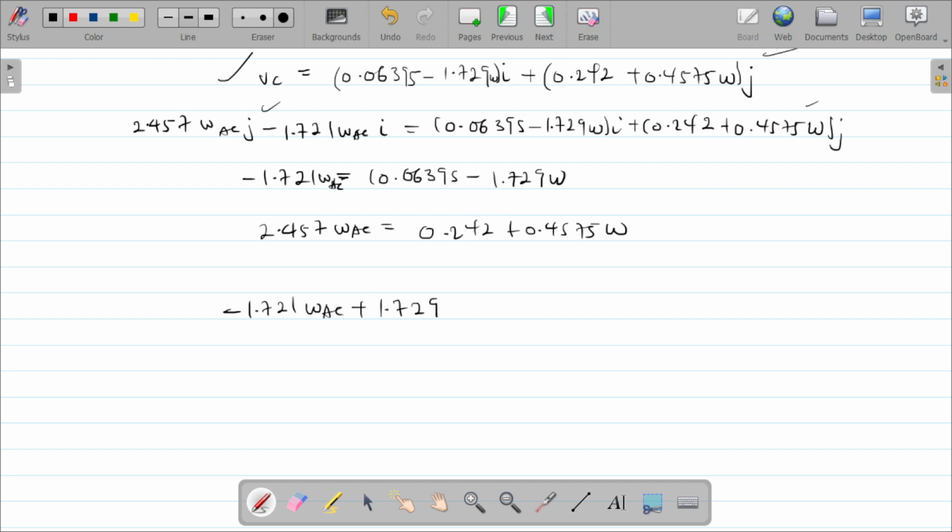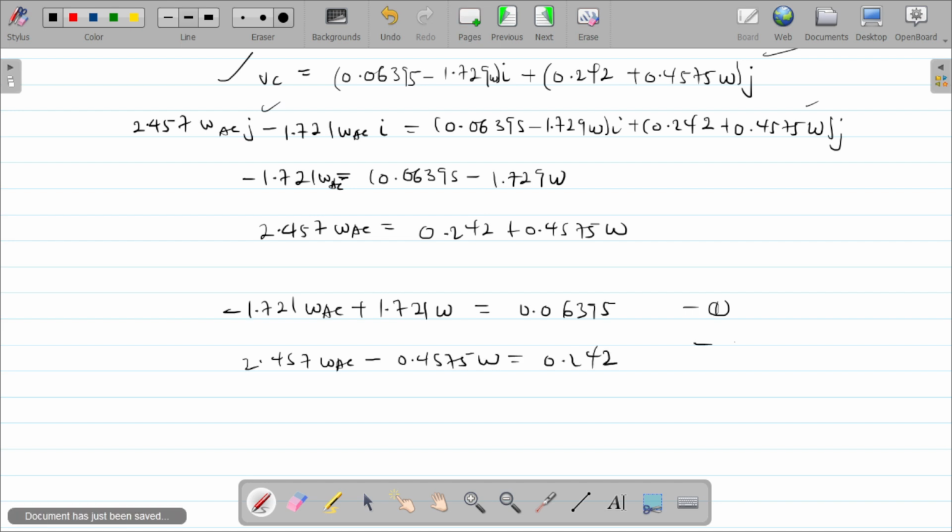So the term here and the term here should be the same. This is the mistake I made up there, so let's correct that one. Hoping I'll get close. Omega BC is equal to 0.06395 is equation 1, and then 2.457 omega AC minus 0.4575 omega BC is equal to 0.242 is equation 2.